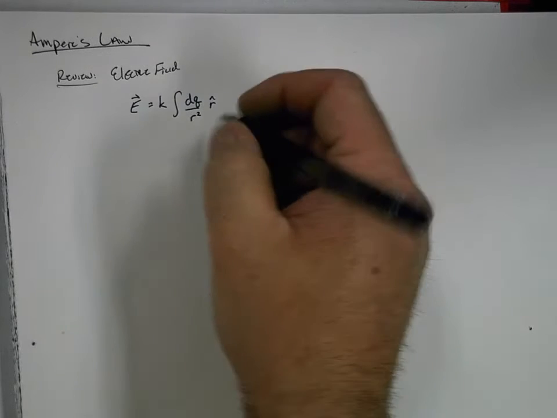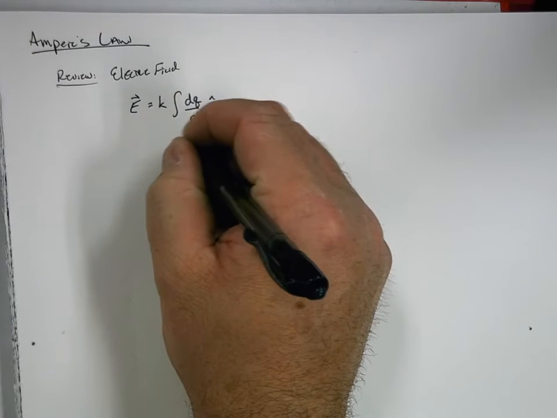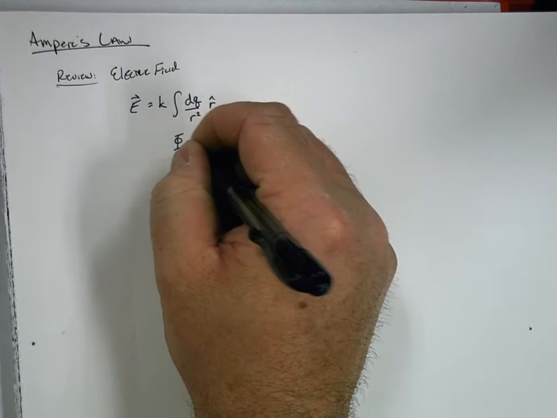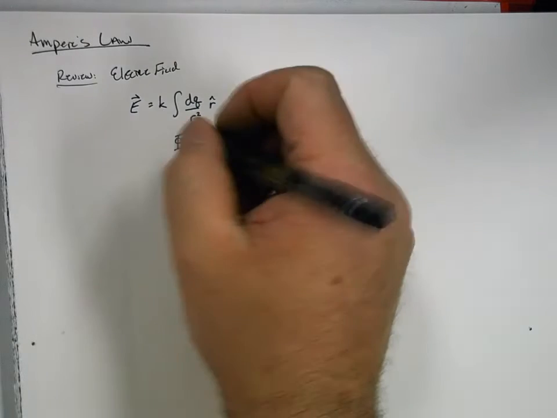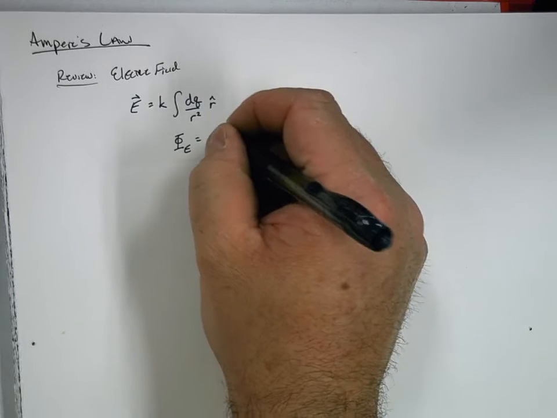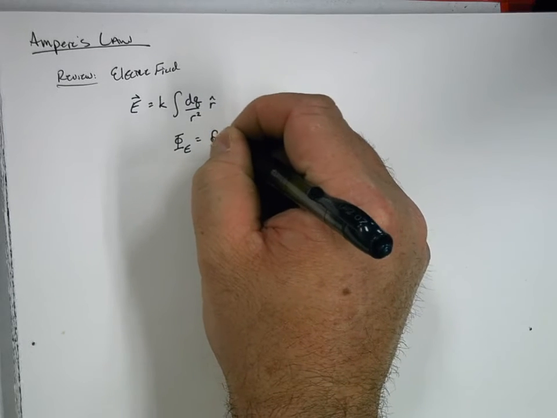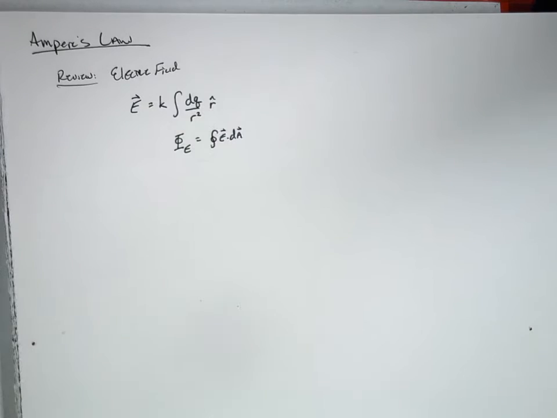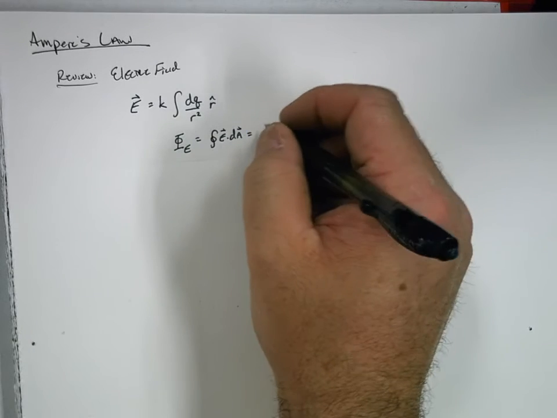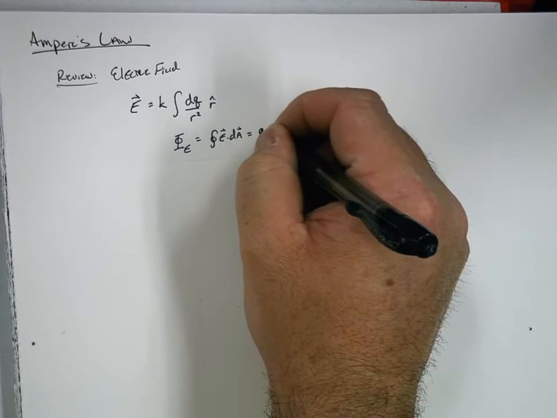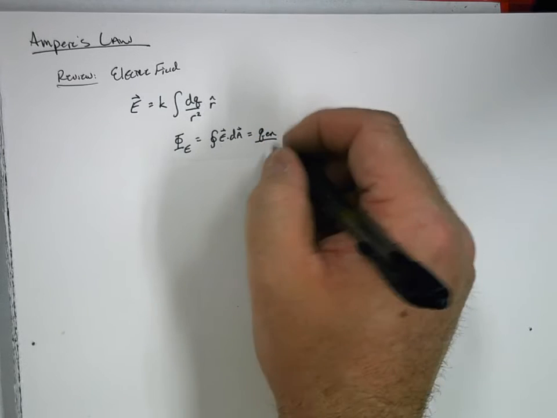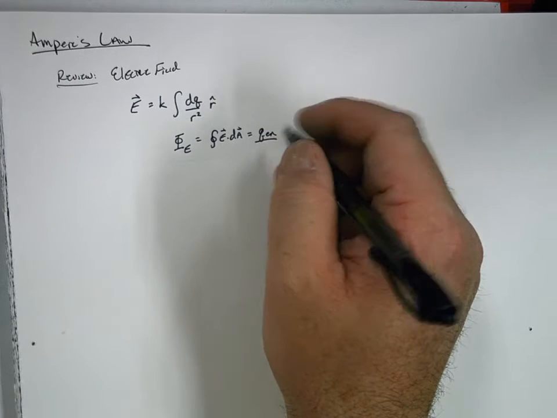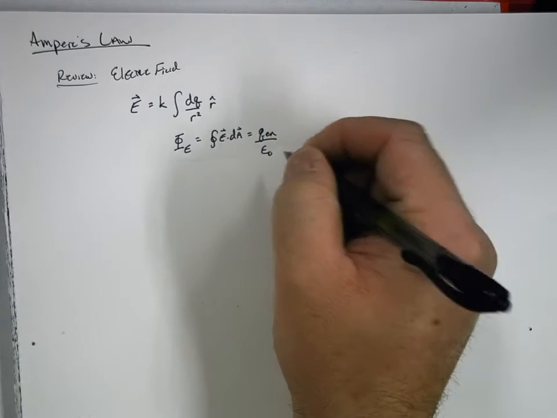So instead of that, we came up with this: the electric flux is defined as the integral of E dot dA, which equals our enclosed charge over epsilon naught. This is a much easier way of figuring this out.